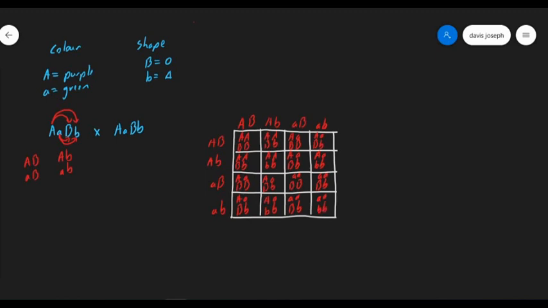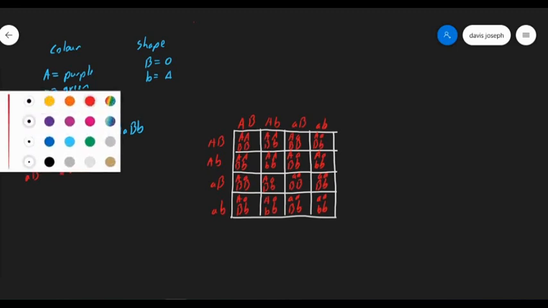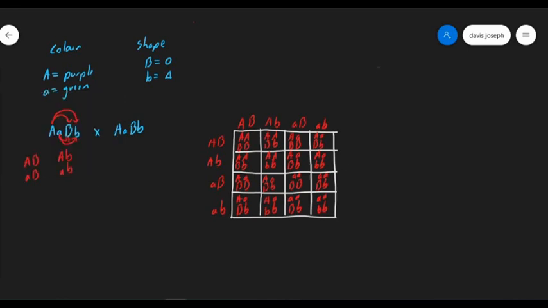Right, so these are our possible crosses between our gametes. So the possible phenotypes, that is our phenotypic ratio, is going to be purple and round, purple and triangular, green and round, or green and triangular.